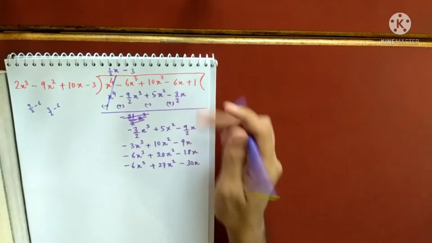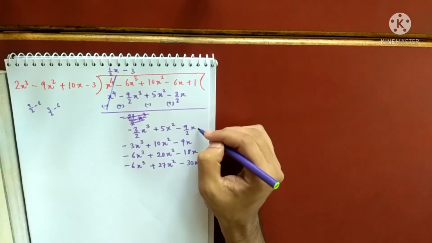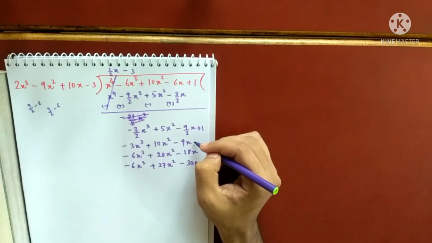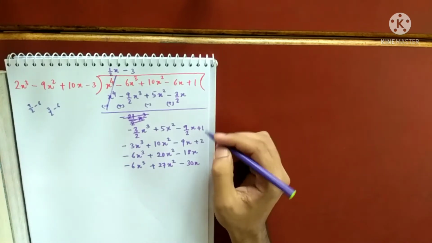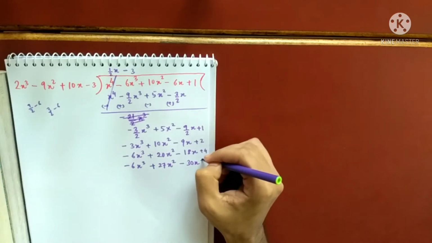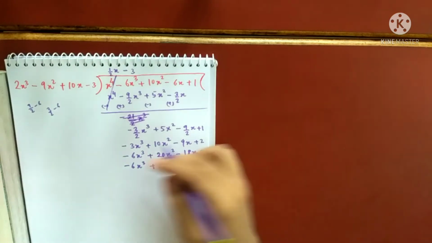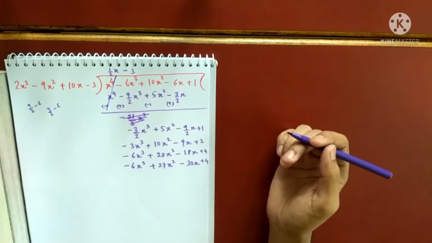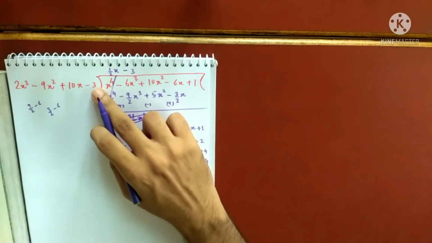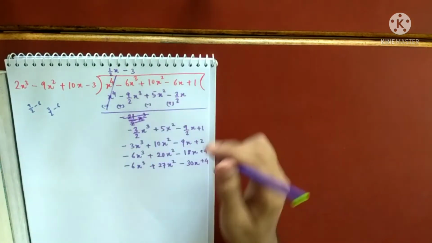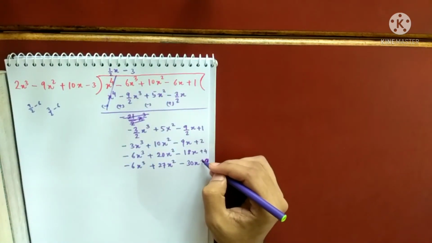Okay, this is a number also, I forgot to take that. I have to copy here plus 1. So this will become plus 2. This will become plus 4. So plus 4 here, because I am multiplying that also, no? Oh no, minus 3 into minus 3 is plus 9.